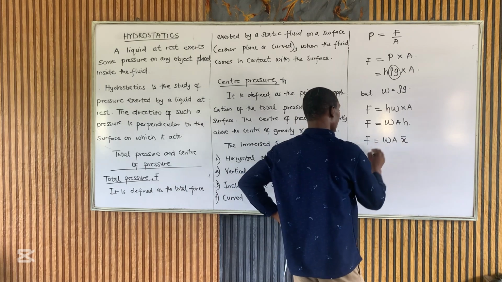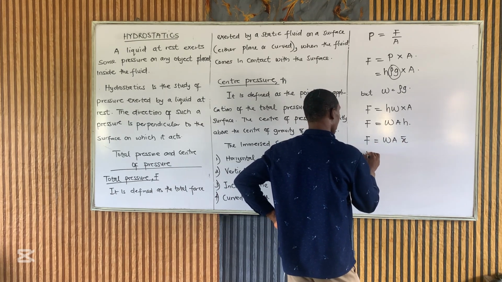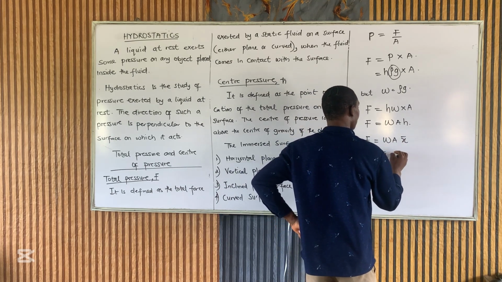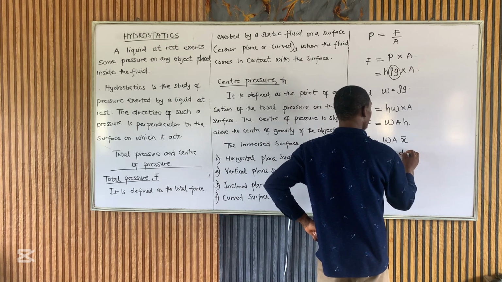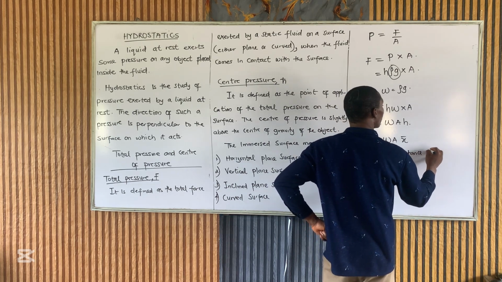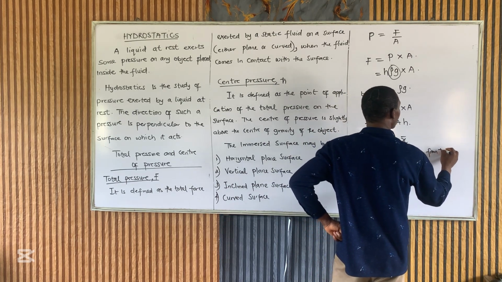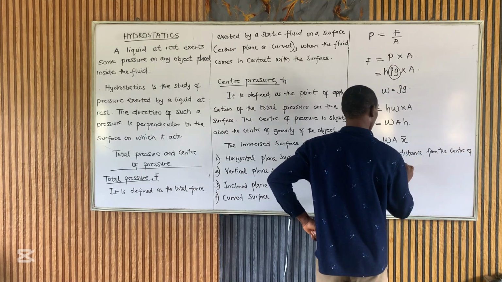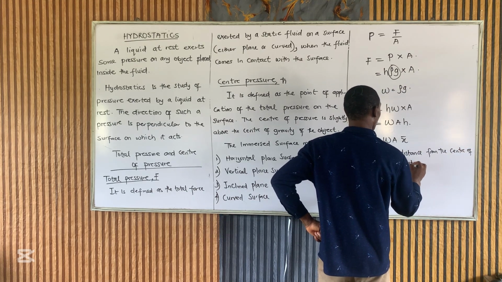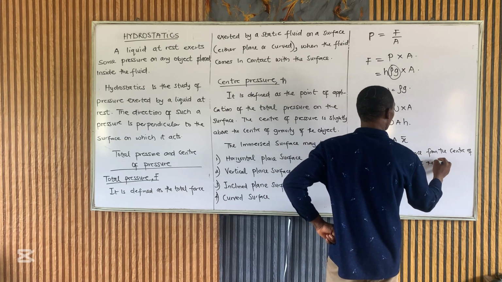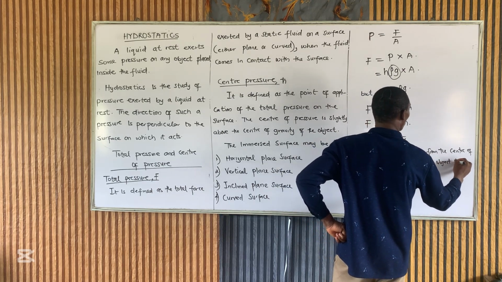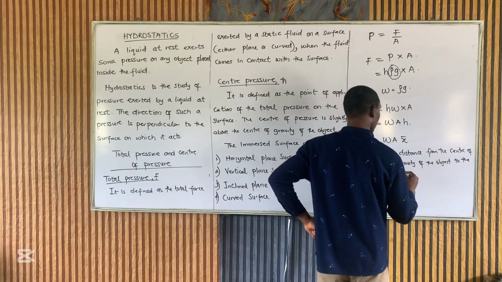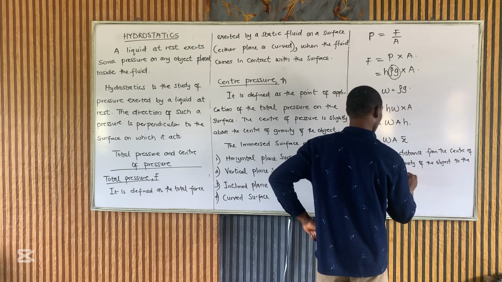Where X bar is simply the distance from the center of gravity of the object to the surface of the fluid.